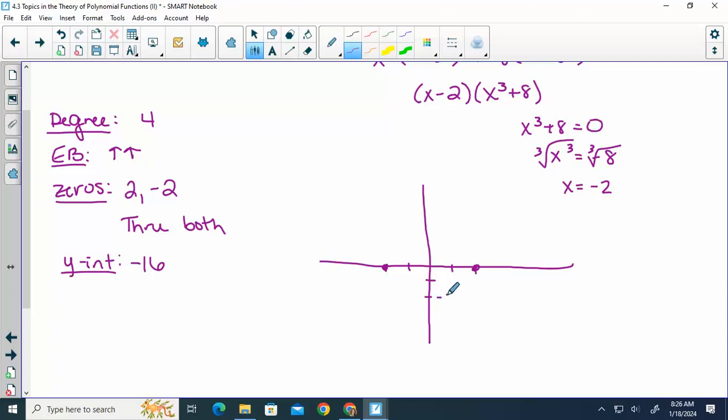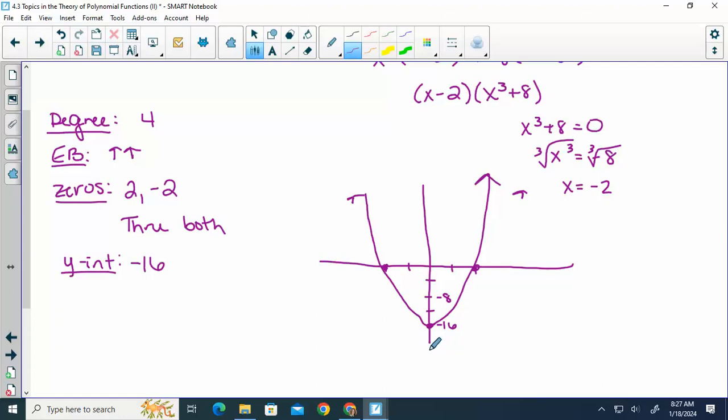I'm going to count by 4s. We started up and we end up. So remember, a nice smooth curve. So something along those lines.